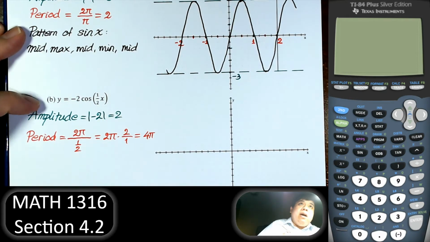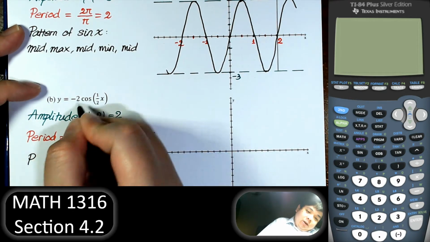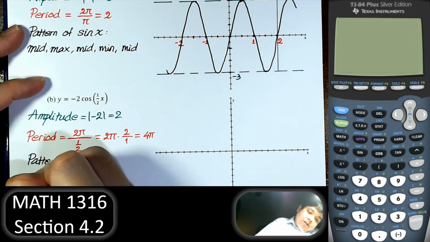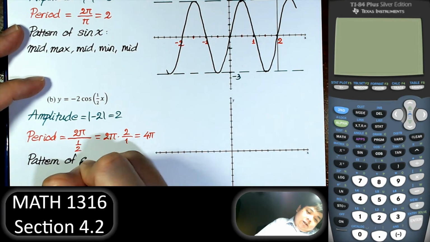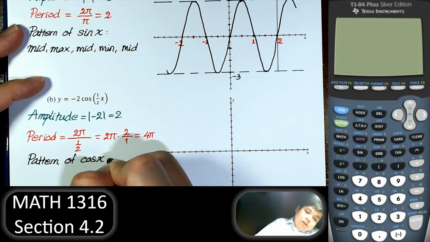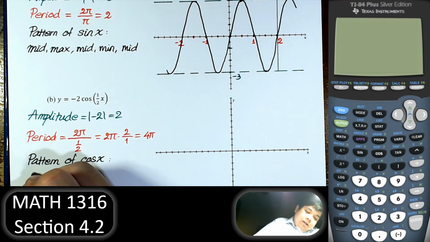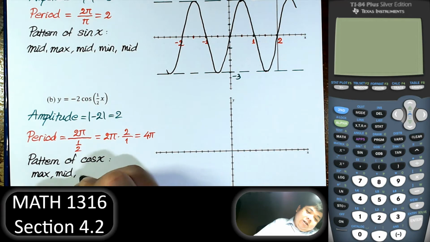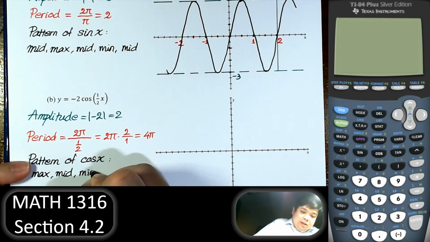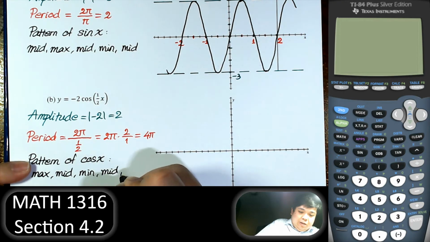So the pattern of cosine is: start from the max, middle, min, middle, max.